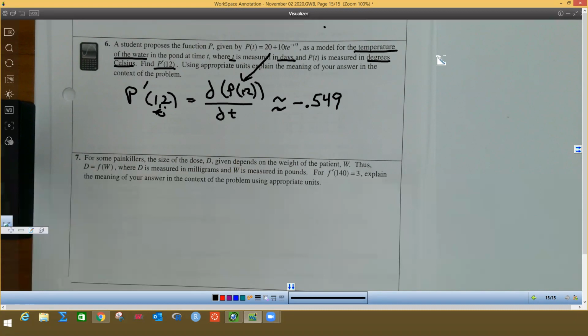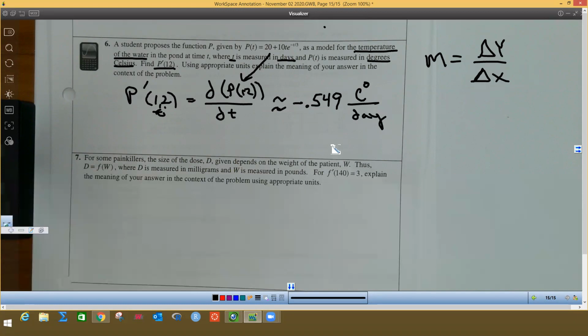Slope. So we're all supposed to know that slope is the change in y over the change in x. So what's the y measurement up here? Degrees Celsius over, now what is the change in the x, which is really t in this problem? Days.